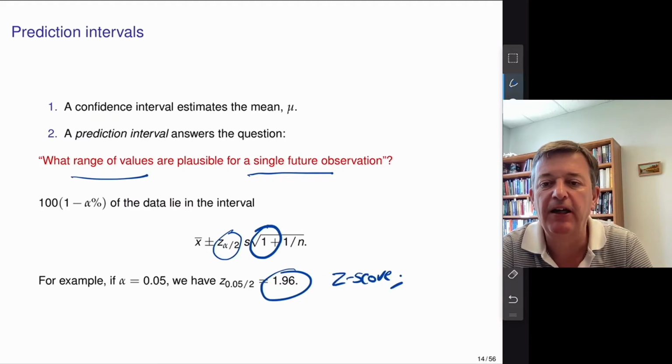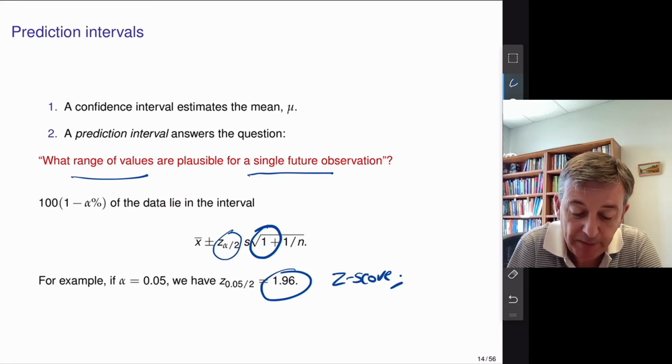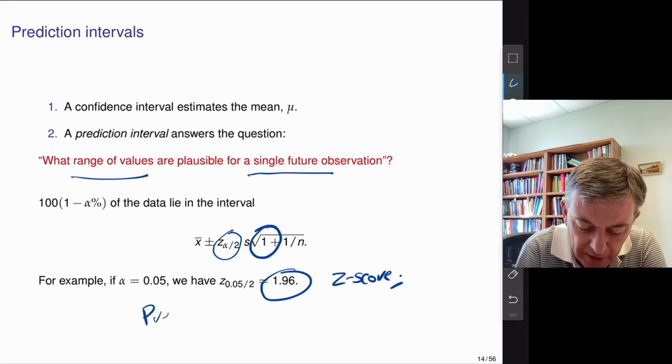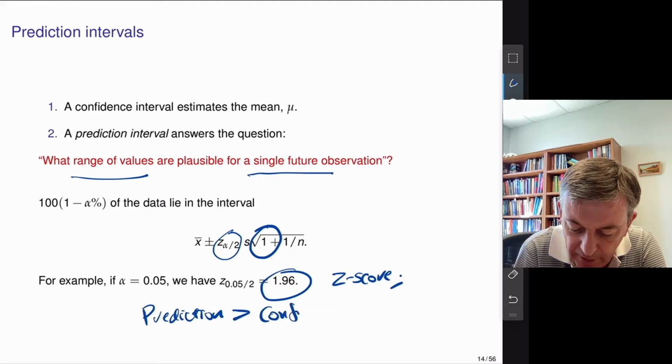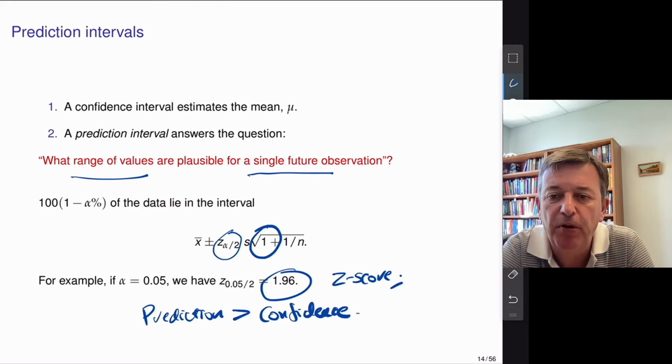Suppose I wanted to calculate sales in a particular Walmart store. Well, then it's really a prediction interval I want. If I wanted sales countrywide on average of all Walmart stores, then I just want the confidence interval, and I wouldn't need to bother with the 1. So prediction intervals are always wider than confidence intervals, and as the sample size goes to infinity, the confidence interval will converge to a point, whereas the prediction interval won't.